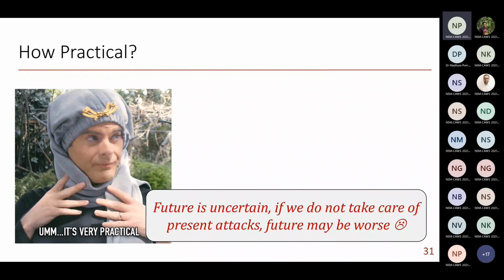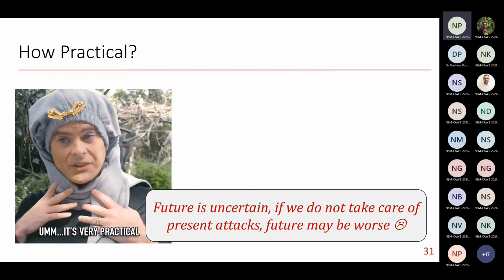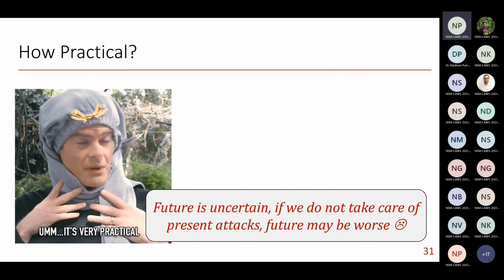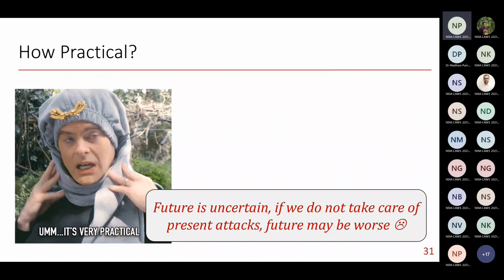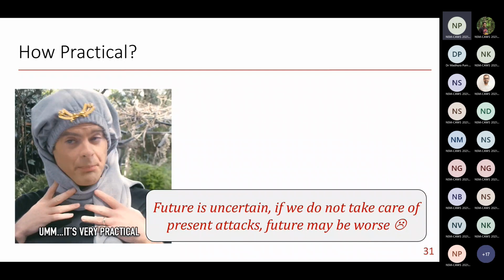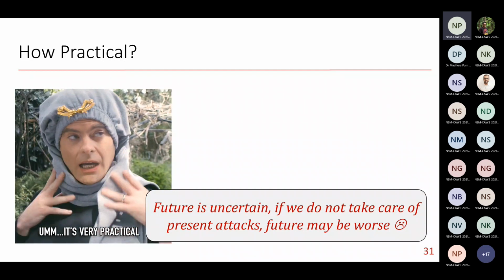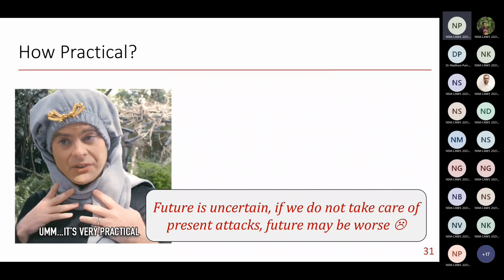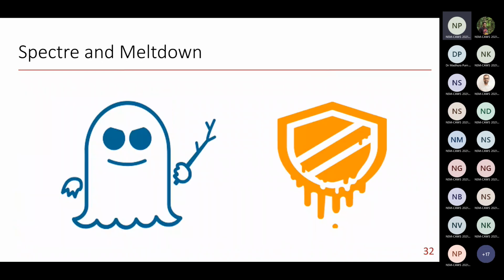It may happen that in future we may get more and more vulnerabilities and more attacks which are practical. But I will answer this question after a few slides, and I will stress that even if they are not that practical at the moment, why we should be bothered about it and why we should try to fix it. Okay. So to answer that question, I will jump into two attacks called Spectre and Meltdown.